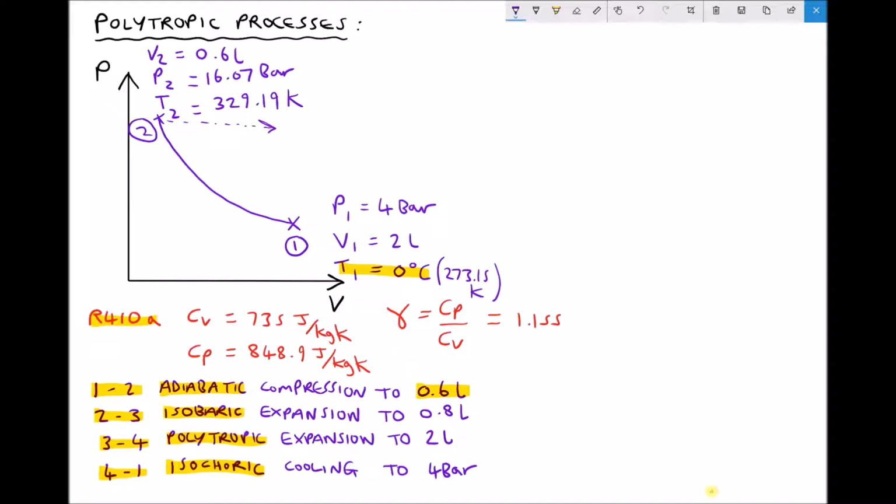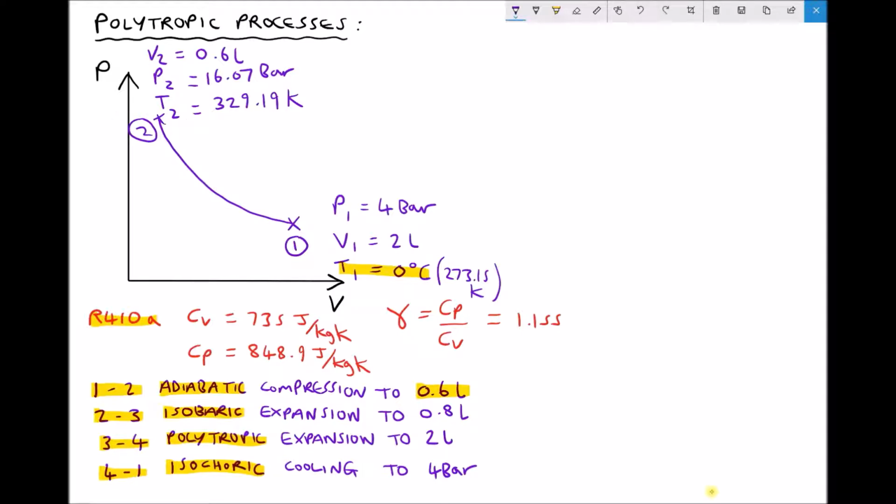And the reason for that is because we have a constant pressure over here on our y-axis. And we're expanding until we get to 0.8 litres. Bearing in mind we're currently at 0.6 litres, the volume's not increasing by a huge amount, from 0.6 to 0.8 litres.